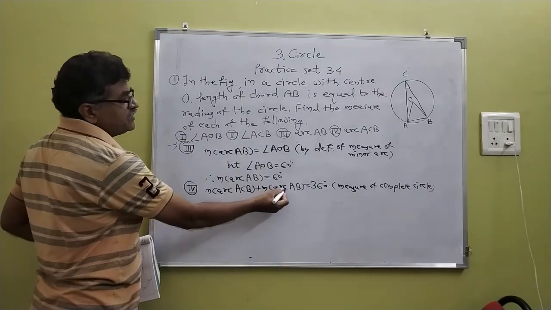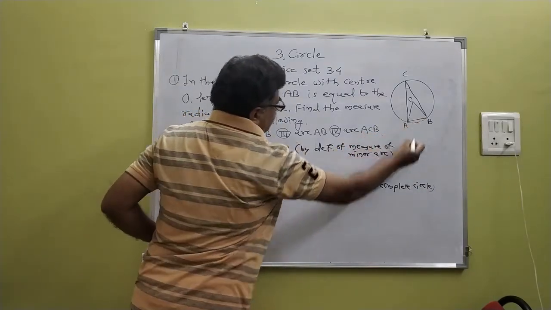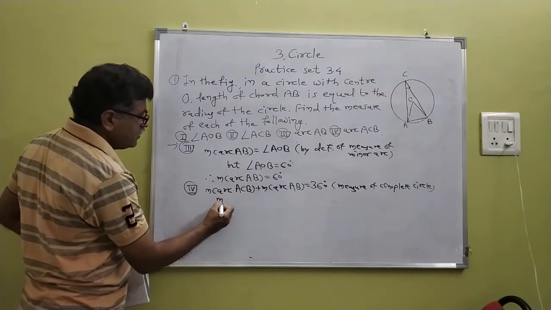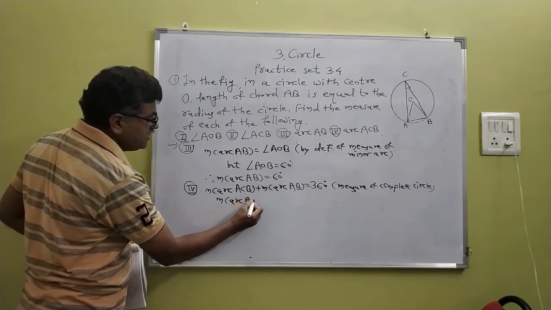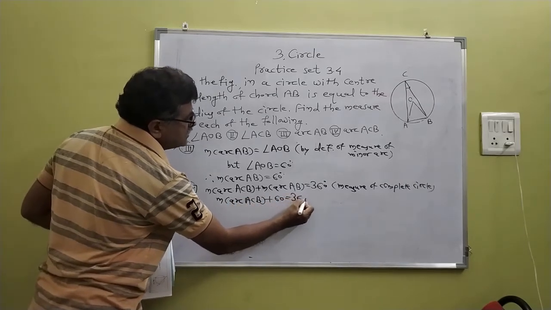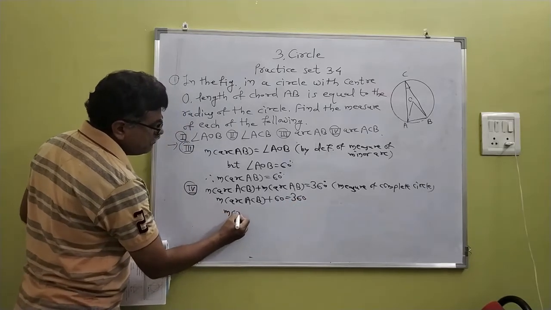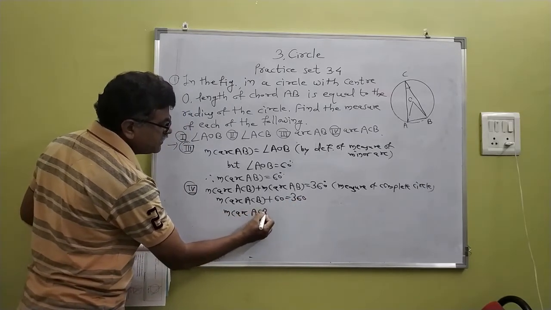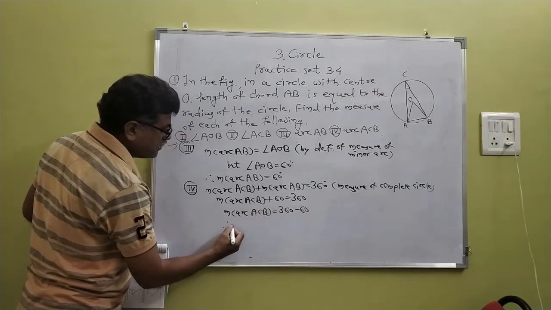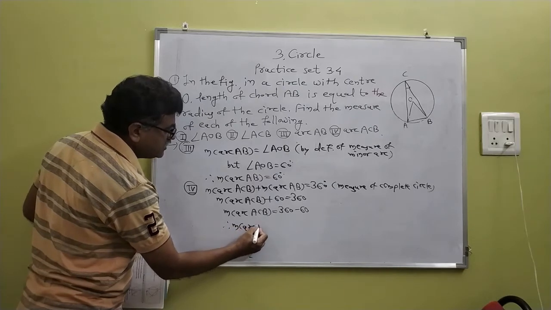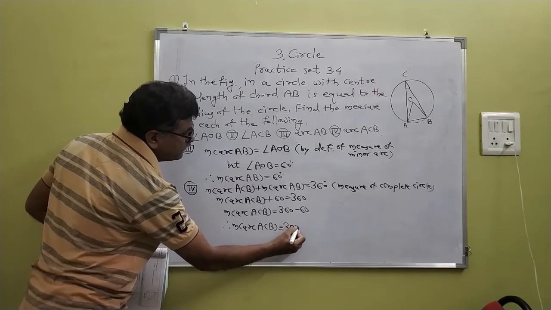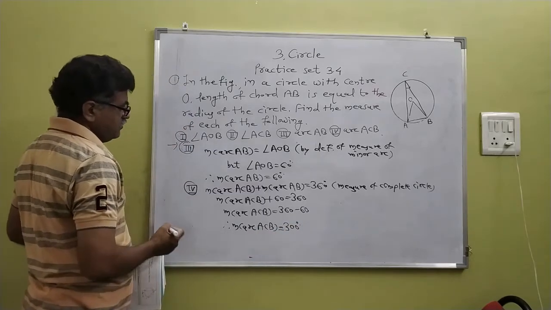Now put the value of measure of arc AB, which from third is 60. Therefore, measure of arc ACB plus 60 is equal to 360. Therefore, measure of arc ACB is equal to 360 minus 60, which is 300 degrees. This is 4.